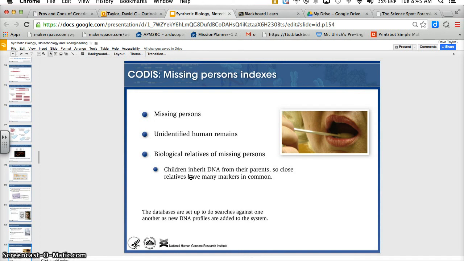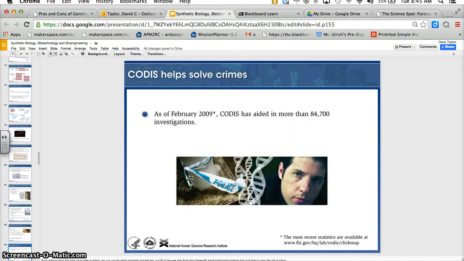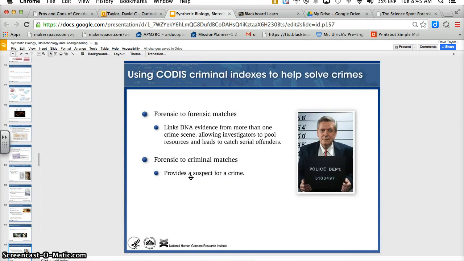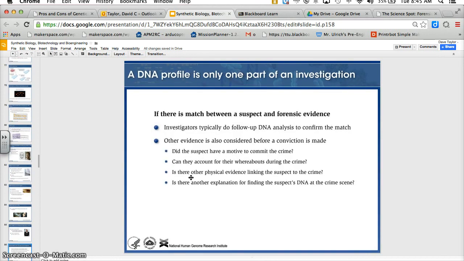It also helps identify relatives. You can see it's been used to solve crimes. Look how many have been solved since 2009. And it's helping expedite crime cases where they can eliminate suspects because of DNA.